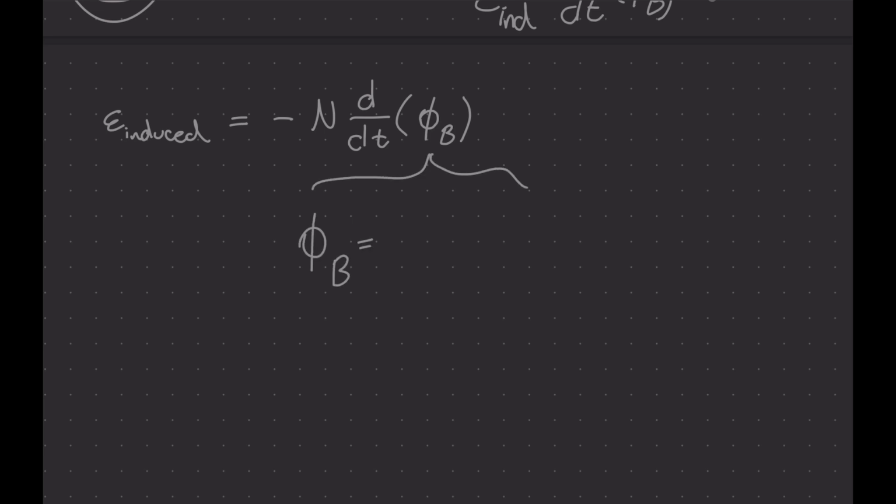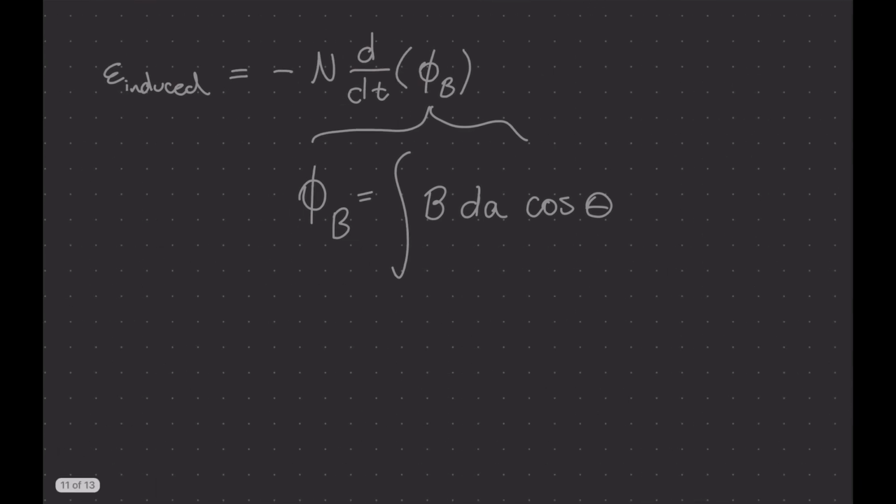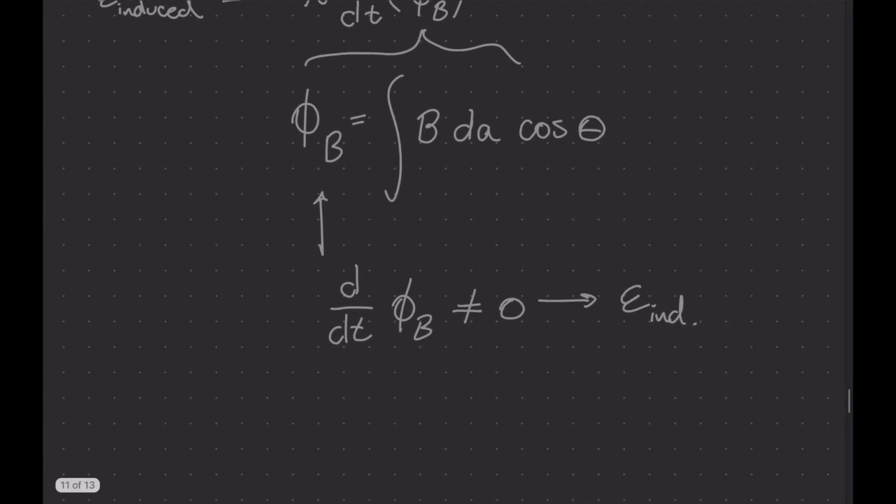It equals the integral of B dot product dA. And actually, let me replace this dot product with B dA cosine theta. Okay, so the main thing you have to notice is if this derivative d/dt Phi_B is not equal to 0, then you get an EMF, an induced EMF, right?